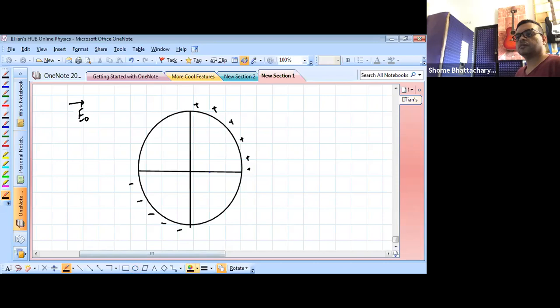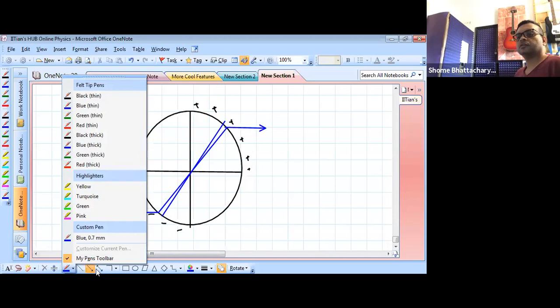So now if you take a pair of elements like this, this will be experiencing force like this, and this will be experiencing force like this.